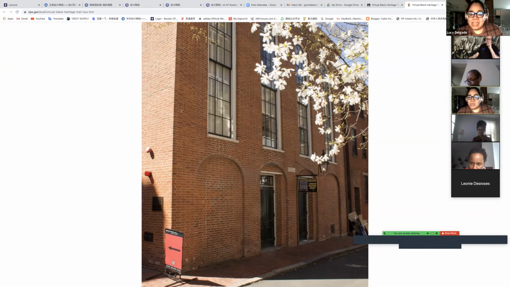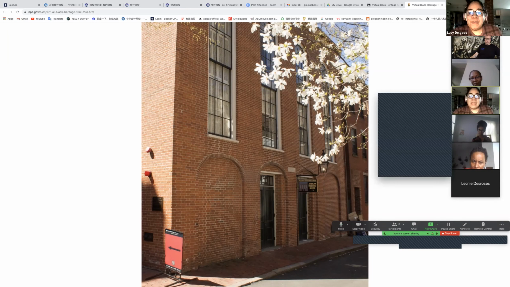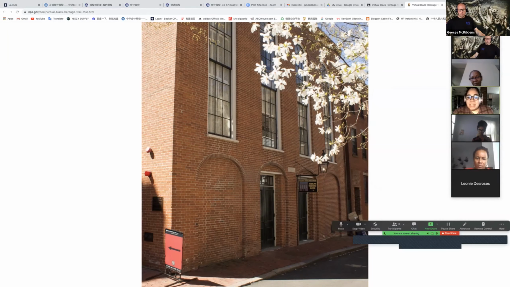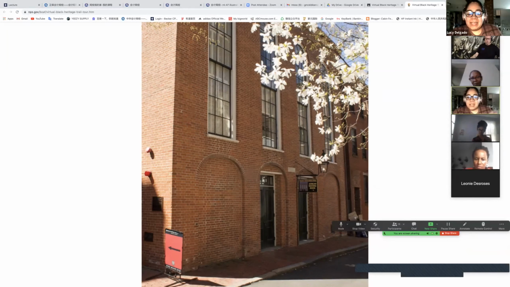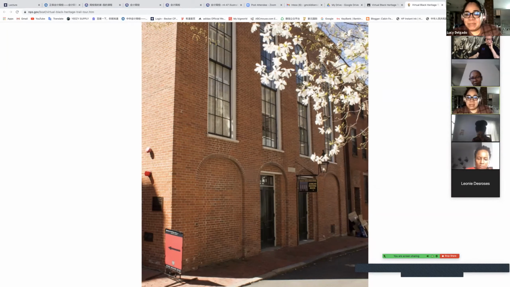So they used to have lectures and education classes, but at the same time, this place was known for its activities and social meetings. Since the beginning, they started to have a lot of meetings for activists to fight against slavery.